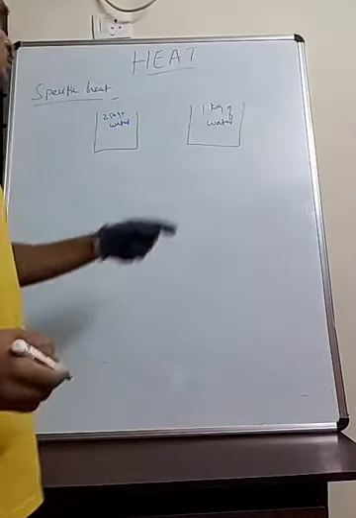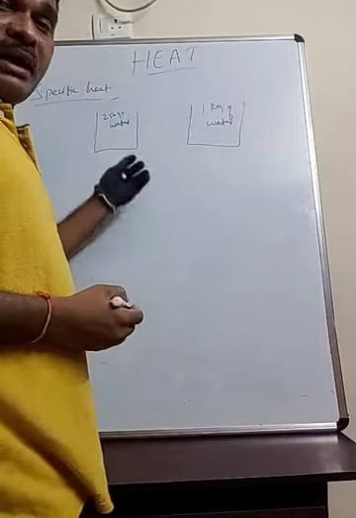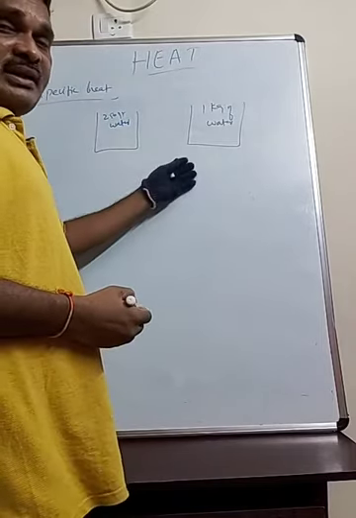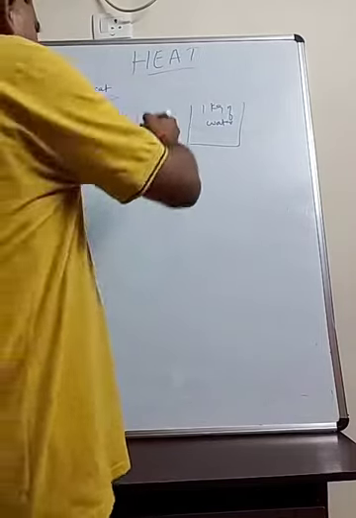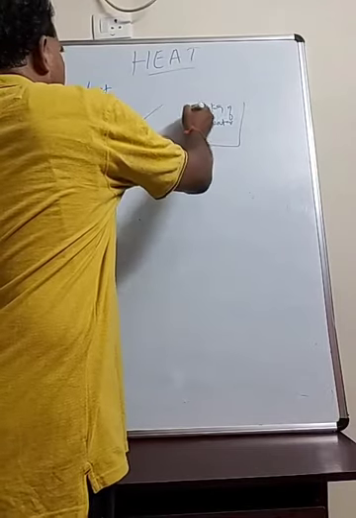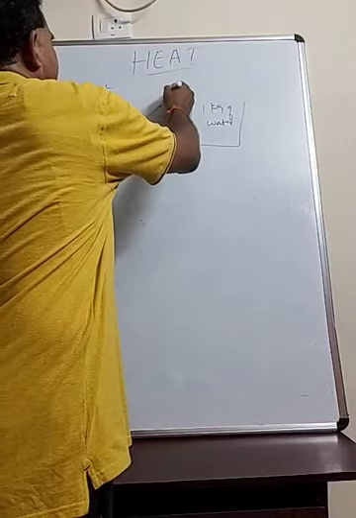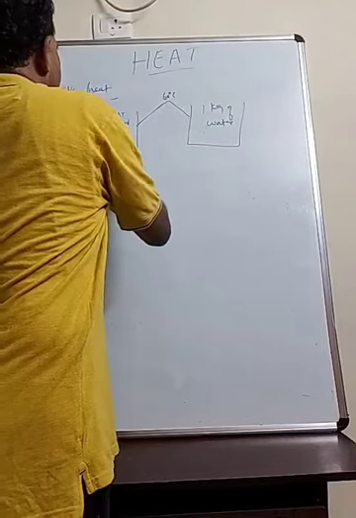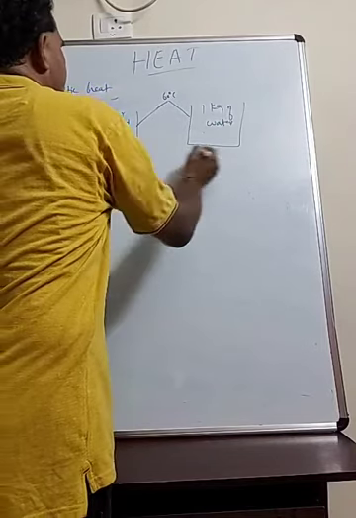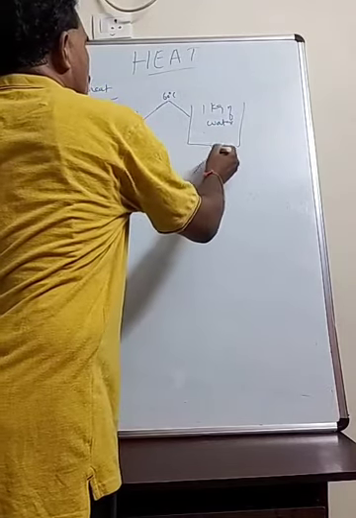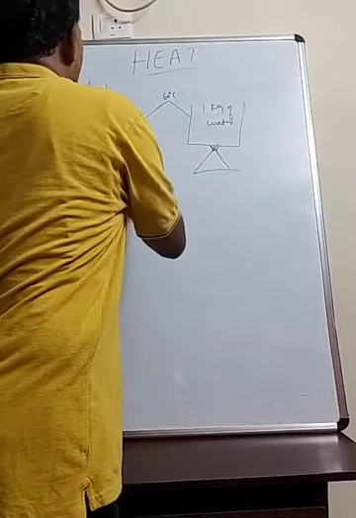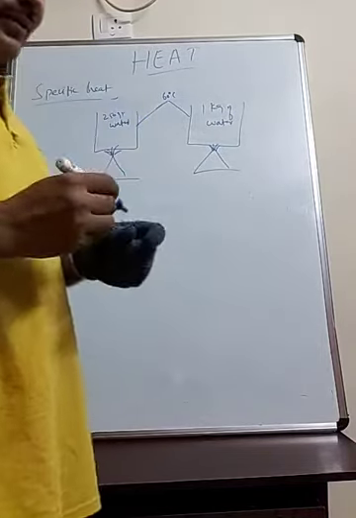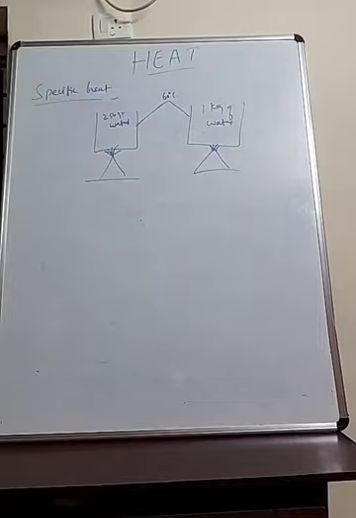These are two beakers with two different masses. If we want to heat them to 60 degrees centigrade, which beaker will take more time for getting 60 degrees centigrade?